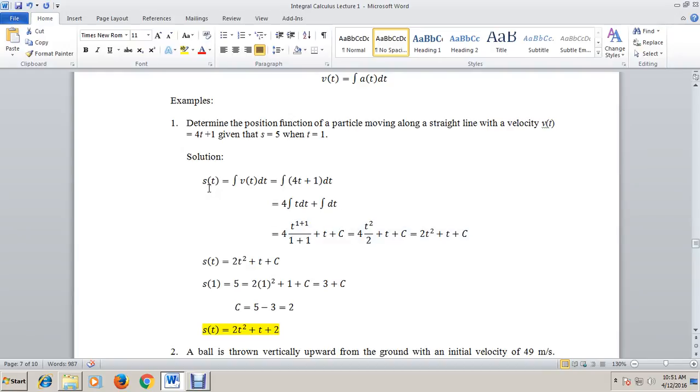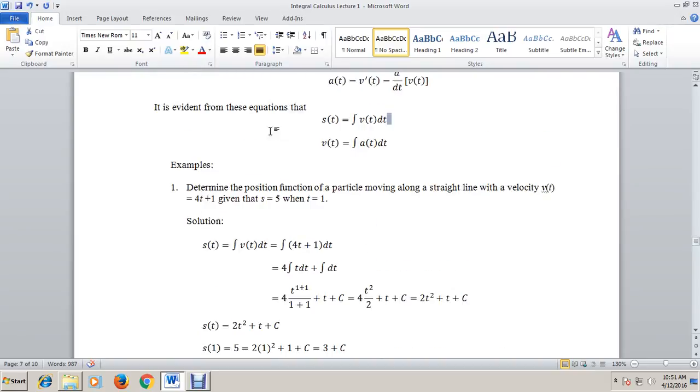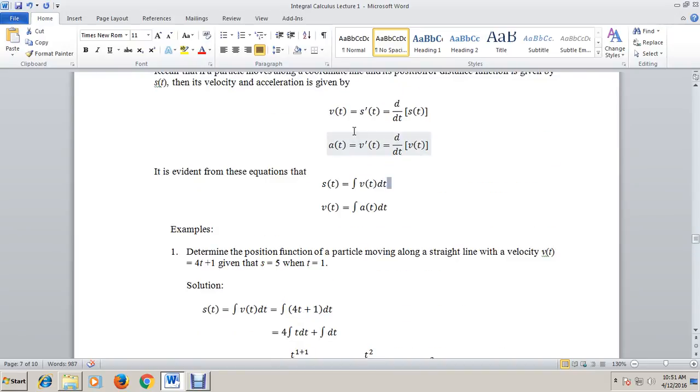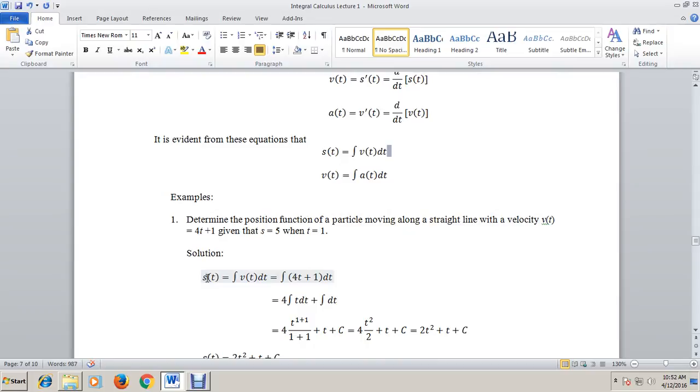We start off with our definition for s of t. Based on the above equation, s of t is the integral of v of t dt. Since we are given v of t is 4t plus 1, replacing v of t in our expression, we have the integral of 4t plus 1 dt.